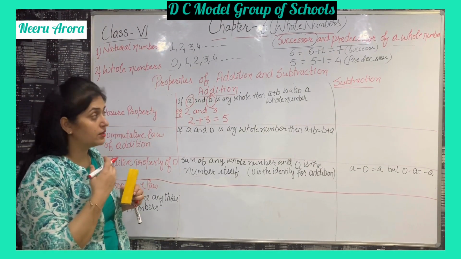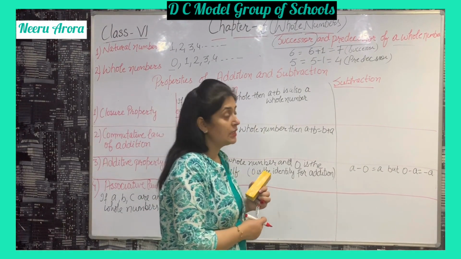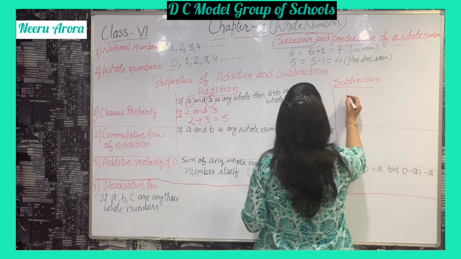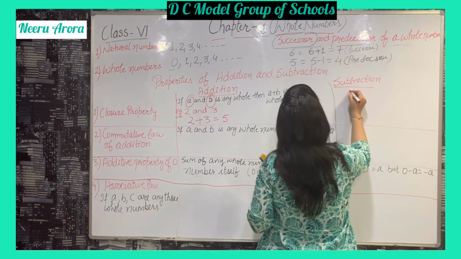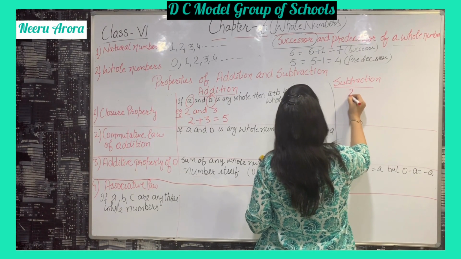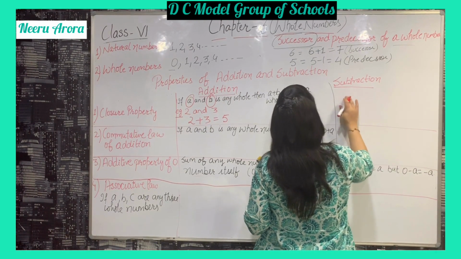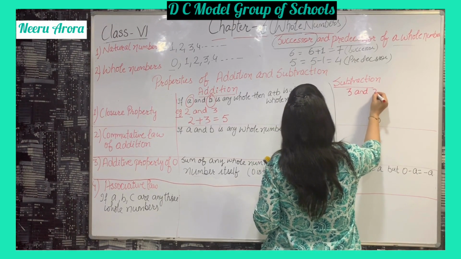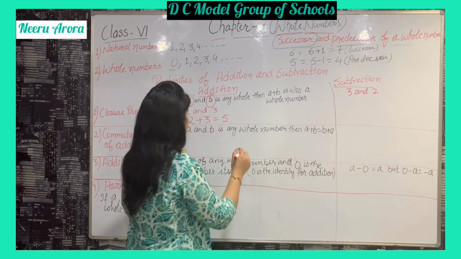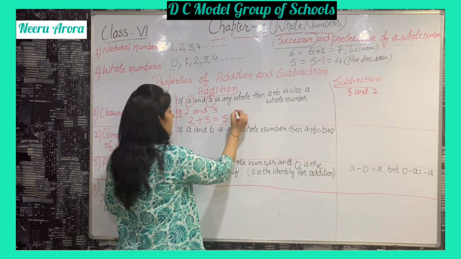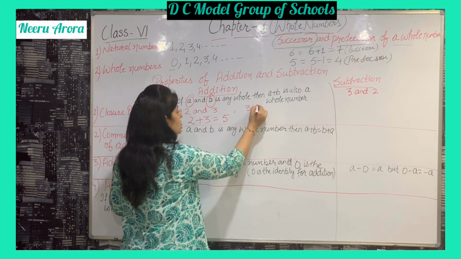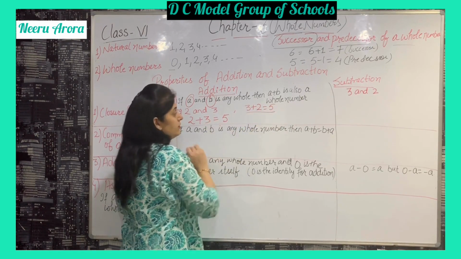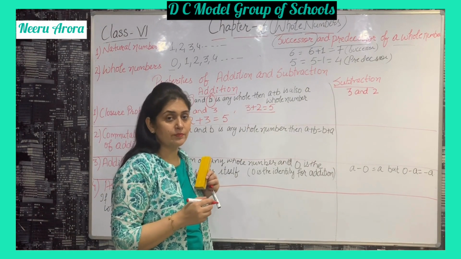Now what about subtraction? Suppose again we have taken 3 and 2. If we add 3 plus 2, it remains 5, there is no change.